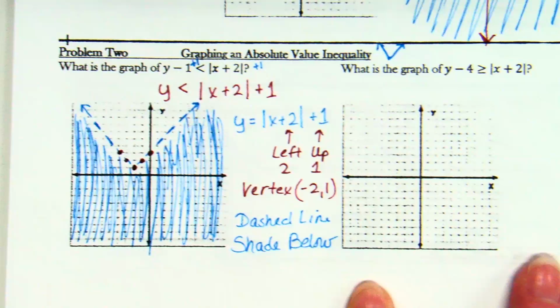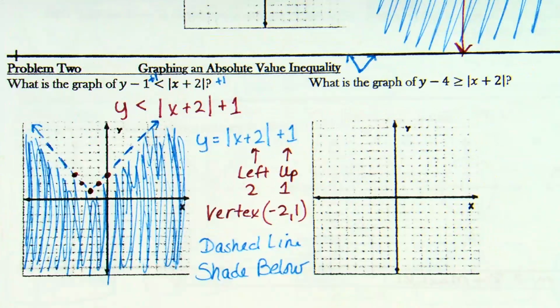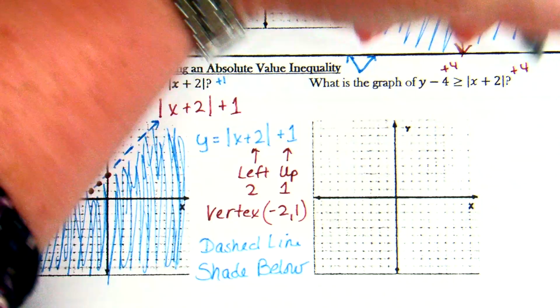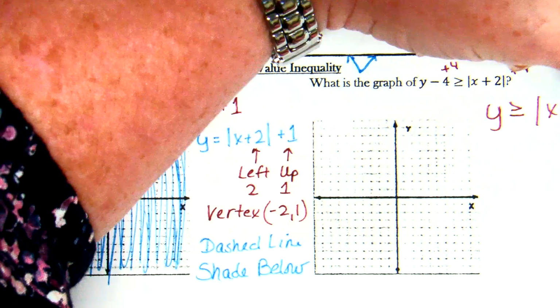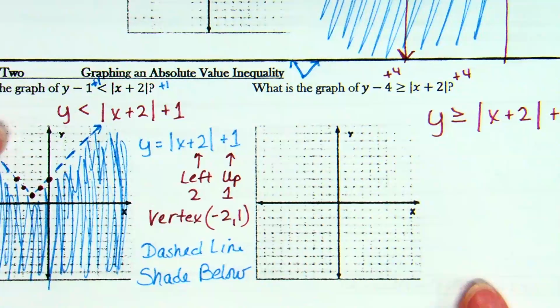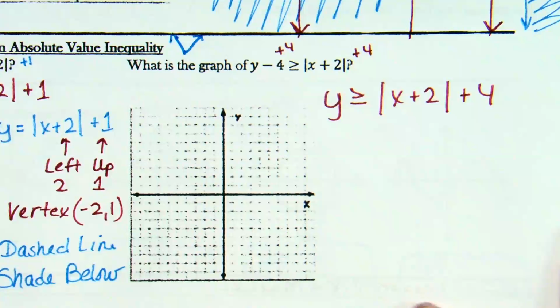Okay, let's try example B then. What's the first thing I need to do on this one? Take the 4 over. We want y to be by itself, so I'm going to add 4 over. y is greater than or equal to the absolute value of x plus 2, plus 4. What kind of pieces can you tell me?